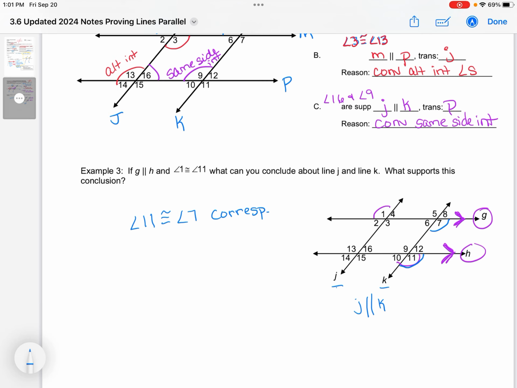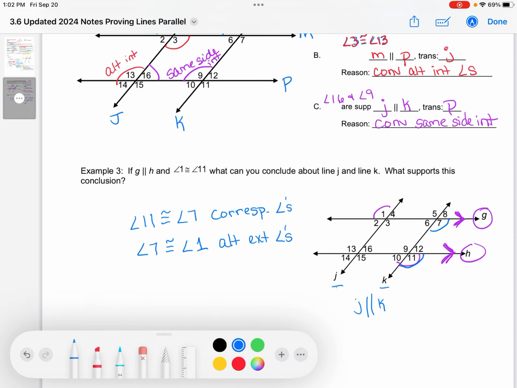And then 7 and 1 are alternate exterior angles. I always put that little apostrophe. I'm probably not supposed to.